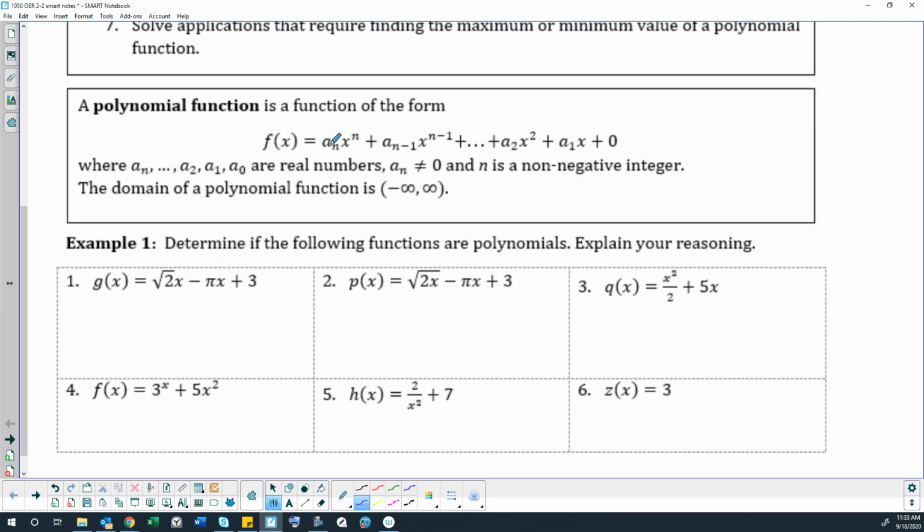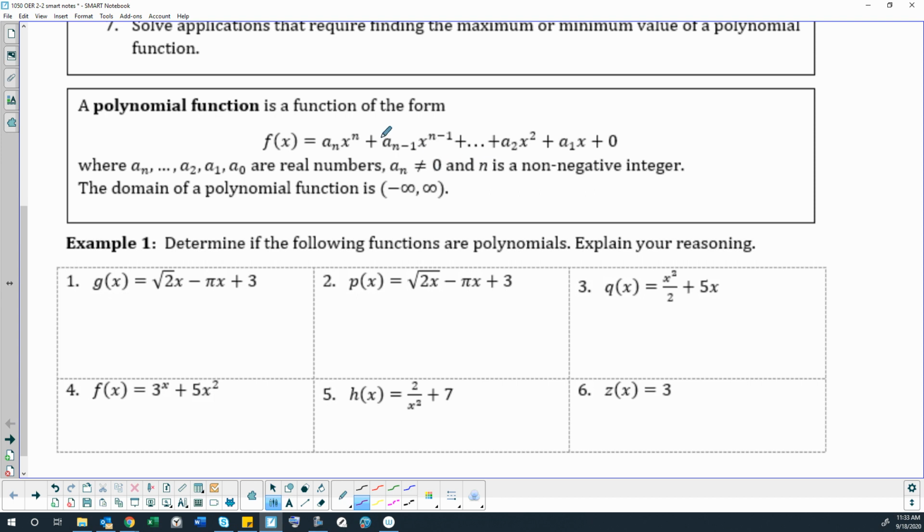So all of our coefficients have to be real numbers. The leading coefficient can't be 0, or that pretty much eliminates this leading term, and this becomes the leading term, because the leading term can't have a coefficient of 0, or it just doesn't exist.